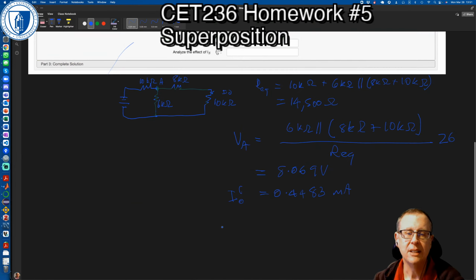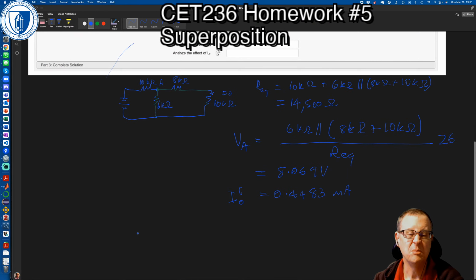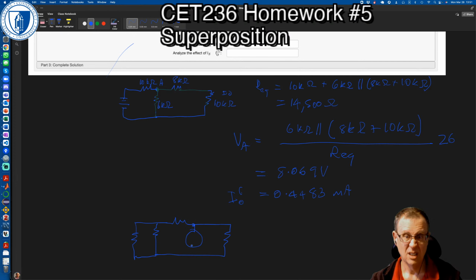Okay, so the other circuit is going to be where we keep IS, and so we've just got a short instead of VS, so we're going to have R1 in parallel with R2, and then we've got R3 and R4, and now we've got our IS here.